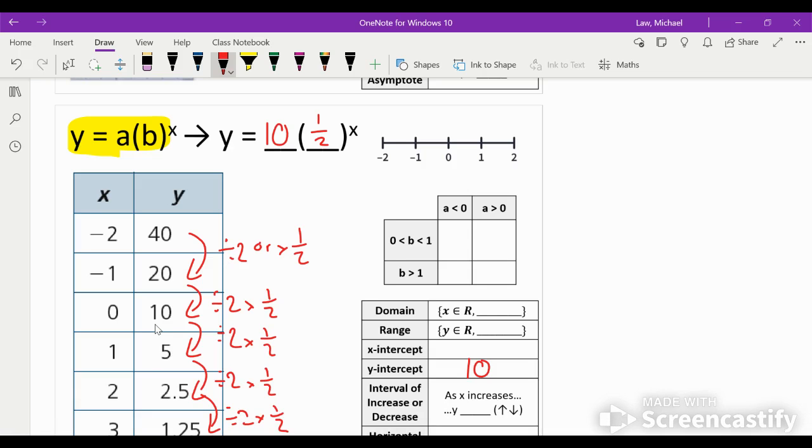Let's see which situation this exponential function falls into. We know that our a value is 10, which is greater than 0. And we also know that our b value is greater than 0 and less than 1. So it's going to fall under this situation.